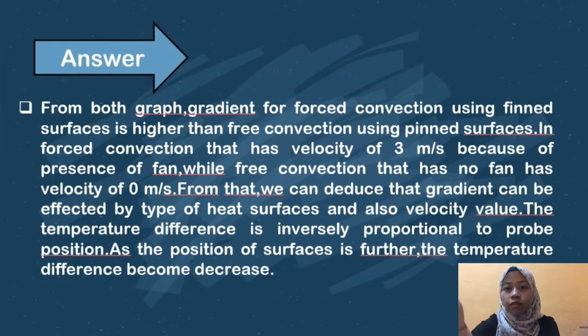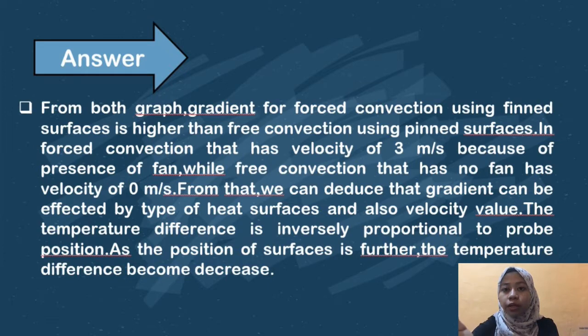From both graphs, gradient for forced convection using pin surface is higher than free convection using pin surface. Forced convection has velocity of 3 meter per second because of the presence of a fan, while free convection has no fan and has velocity of 0 meter per second.